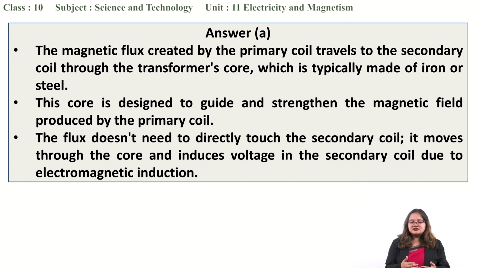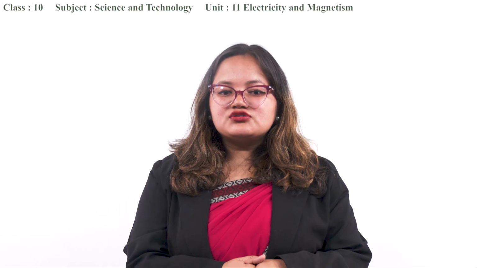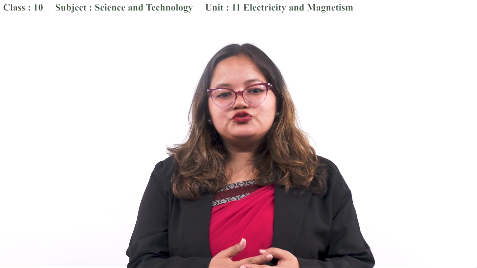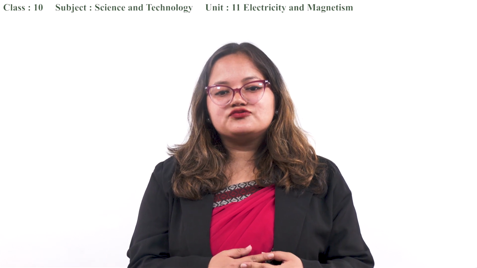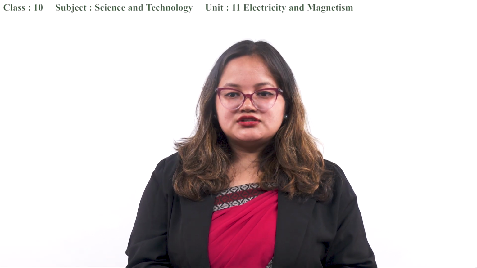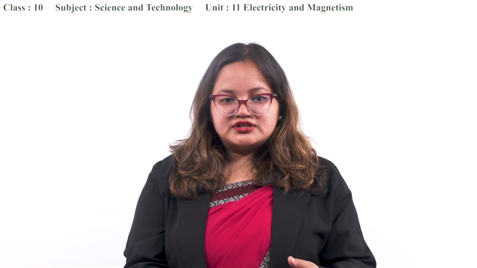So in this case also, this core guides, or let's say strengthens, the magnetic field produced by the primary coil. Now the flux does not need to directly touch the secondary coil. It simply moves through the core and induces voltage in the secondary coil due to electromagnetic induction. This was the answer to our first question.